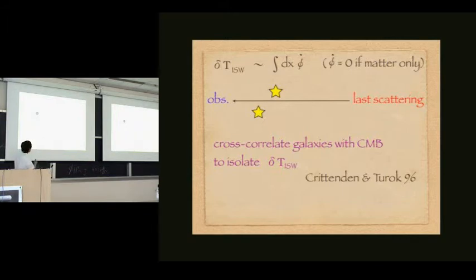And so, in fact, as you look at galaxies at higher and higher redshifts and cross-correlate them with the microwave background, you would see that your signal not only does not decrease, but in general you would expect the signal to increase for several different reasons.